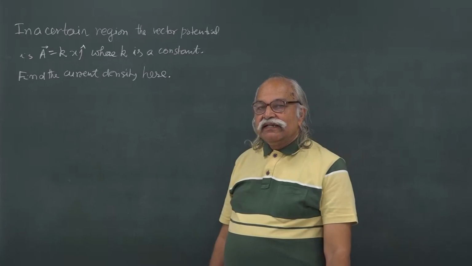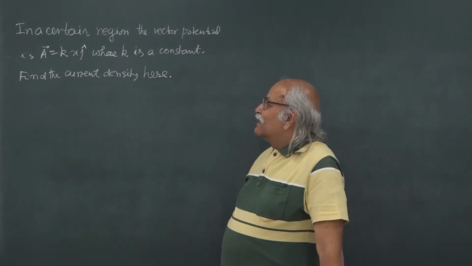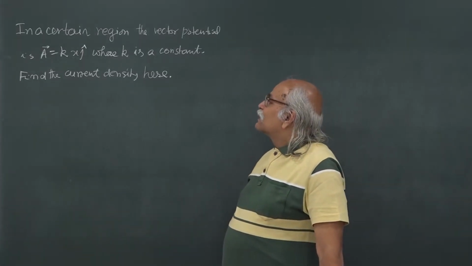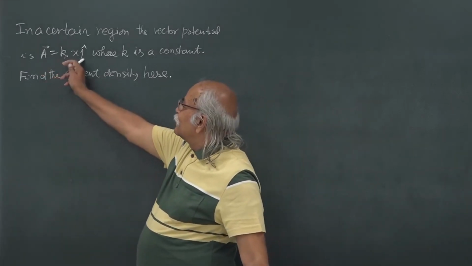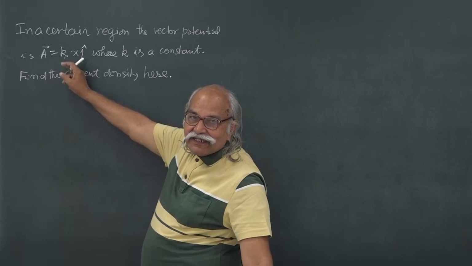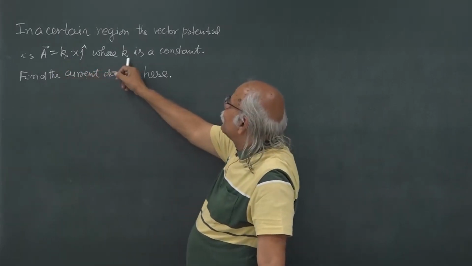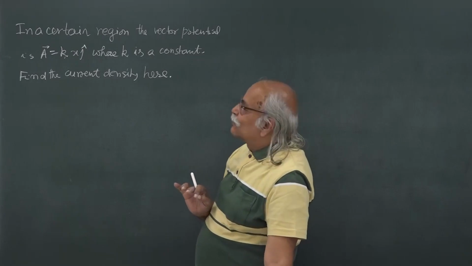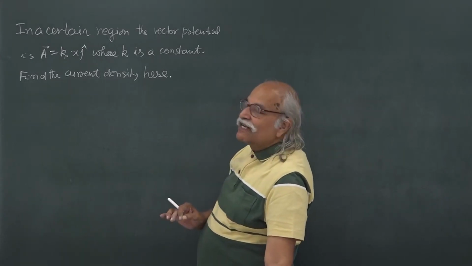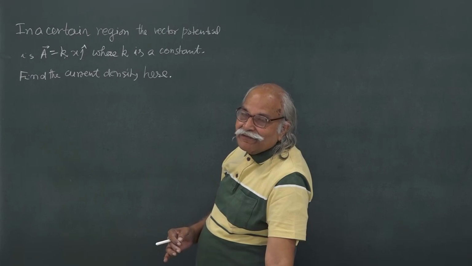So, our next question is, in a certain region the vector potential is A equal to k x j cap. So, Cartesian coordinates are being used where k is a constant. Find the current density here. So, the vector potential is given and we need current density.